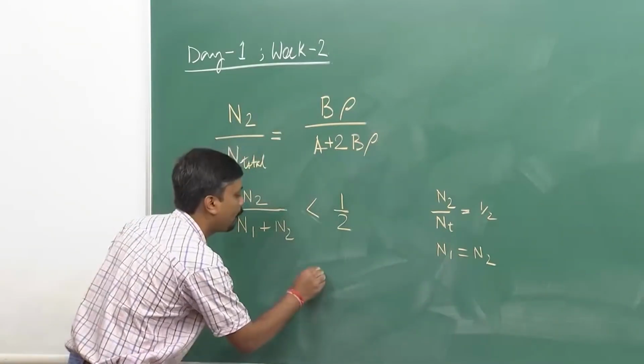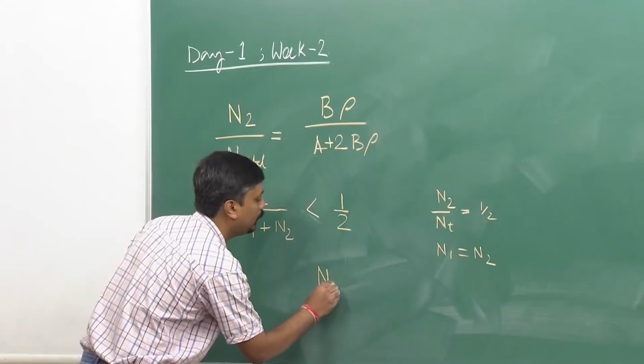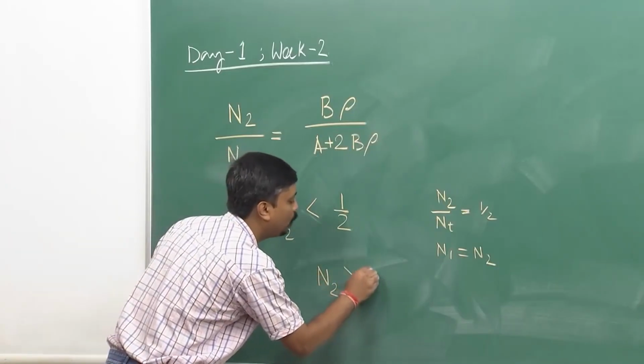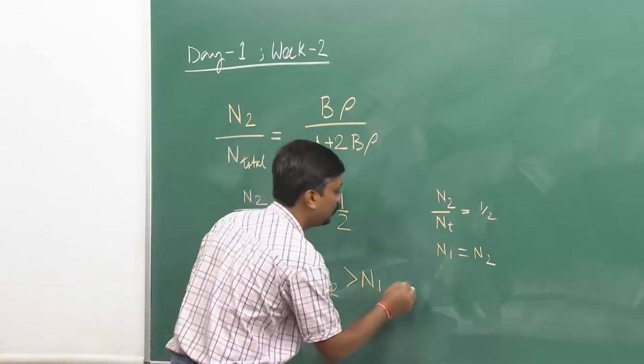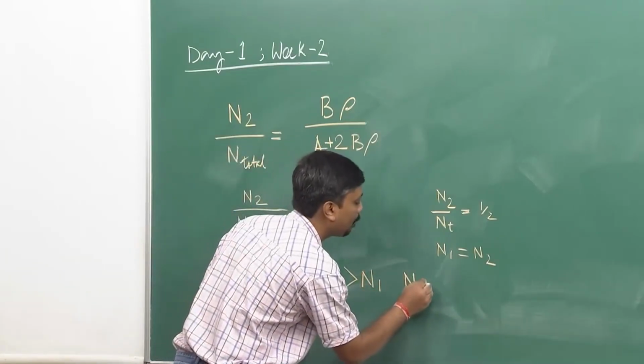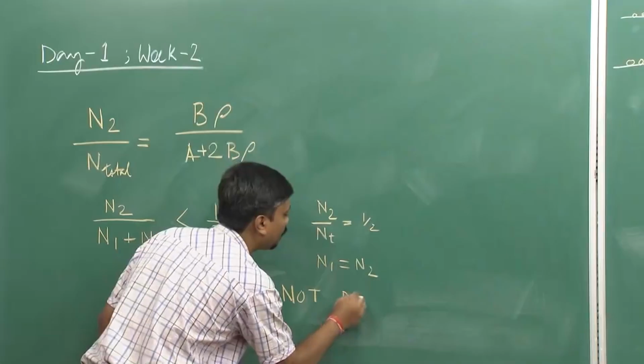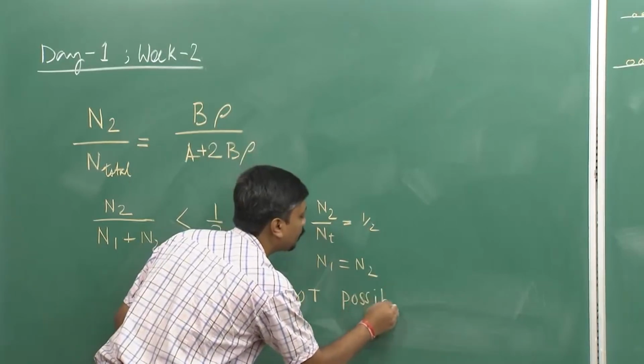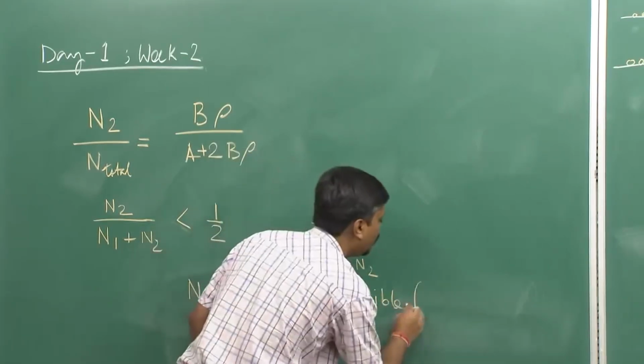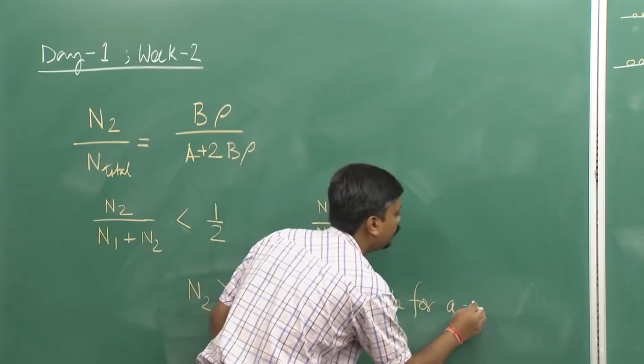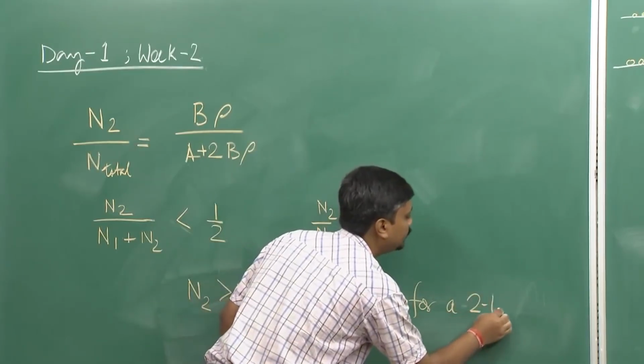N2 greater than N1 is not possible for a 2-level system.